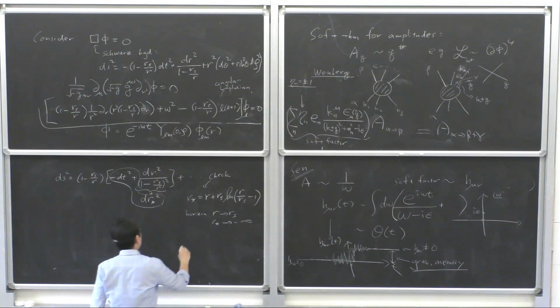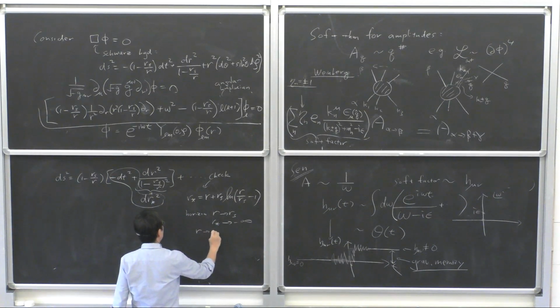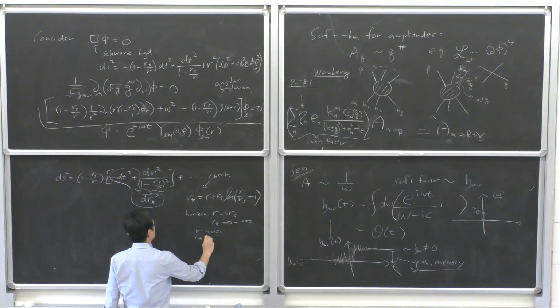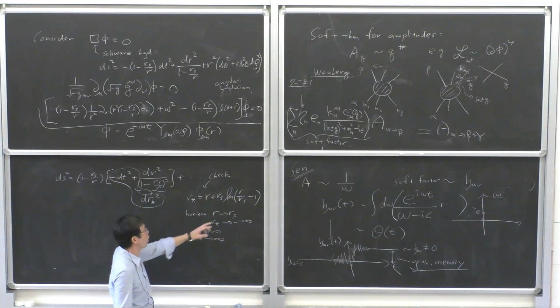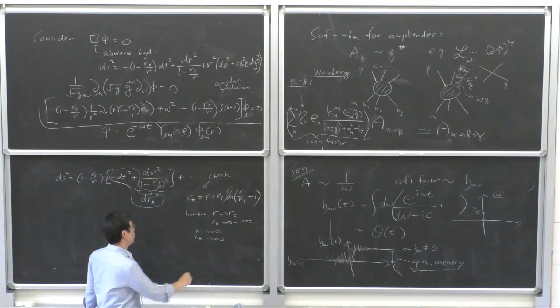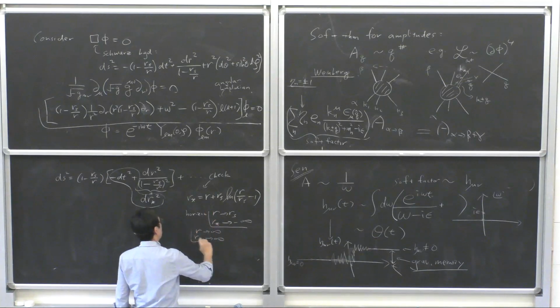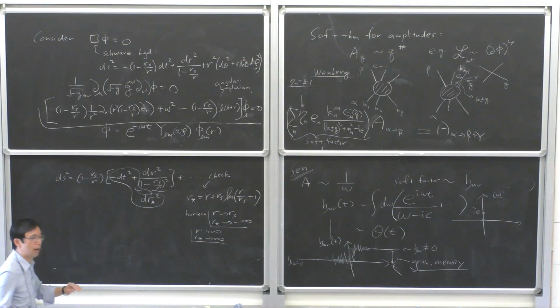And then spatial infinity, r going to infinity, r star also goes to infinity, because this is just a log, okay? So this is what you should remember, okay? Now my horizon looks very far away. It's like minus infinity, okay? In this r star coordinate, okay?